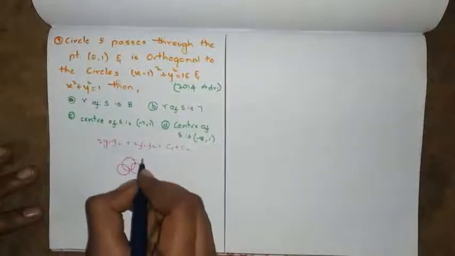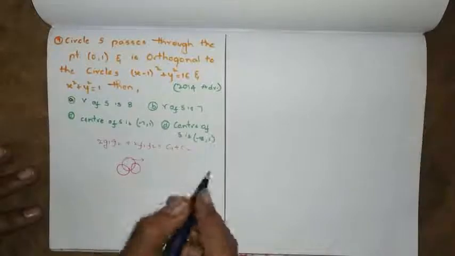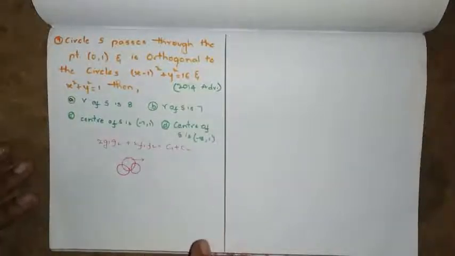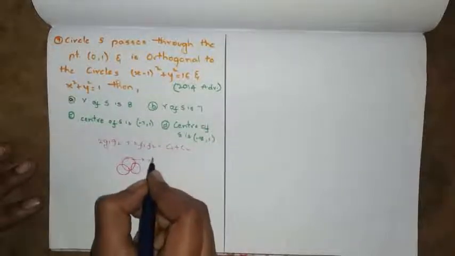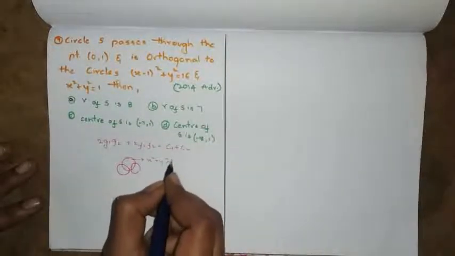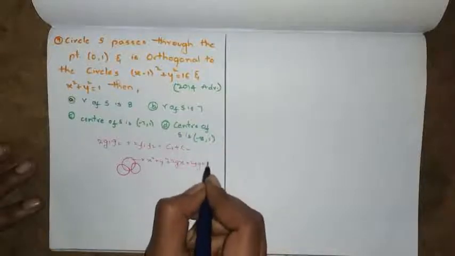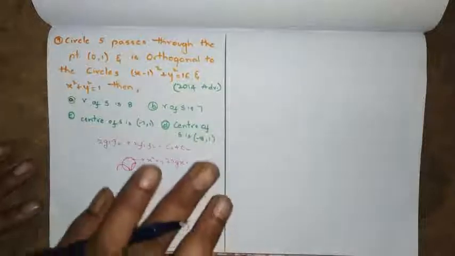First, take the circle as, okay, I will do this. Check your answer, pause the video and do it. x square plus y square plus 2gx plus 2fy plus c is equal to 0. Here more than one option is correct.